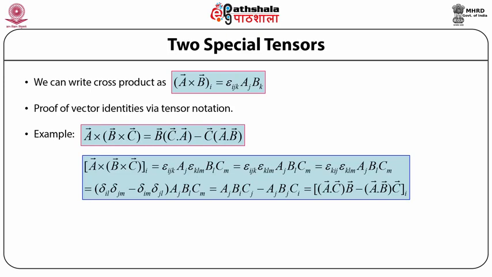Here what we've done is that in the first epsilon tensor, or the permutation tensor, we have taken a cyclical combination of i j k where we have brought k as the first index.